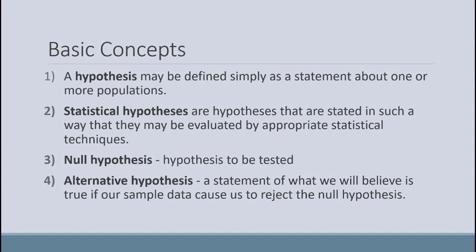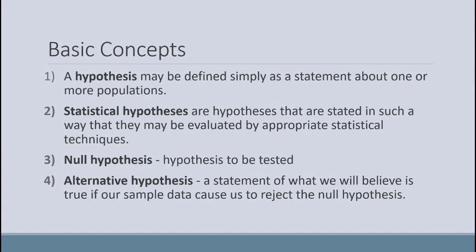The null hypothesis is the hypothesis to be tested, and the alternative hypothesis refers to a statement of what we will believe is true if the sample data cause us to reject the null hypothesis. The null hypothesis is sometimes referred to as a hypothesis of no difference, since it is a statement of agreement with a condition presumed to be true in the population of interest.